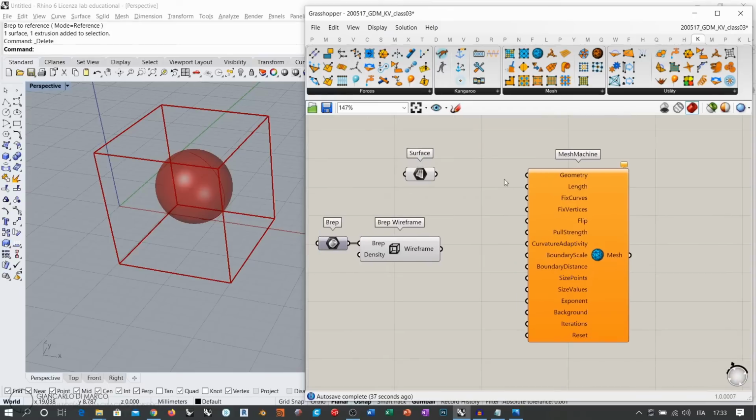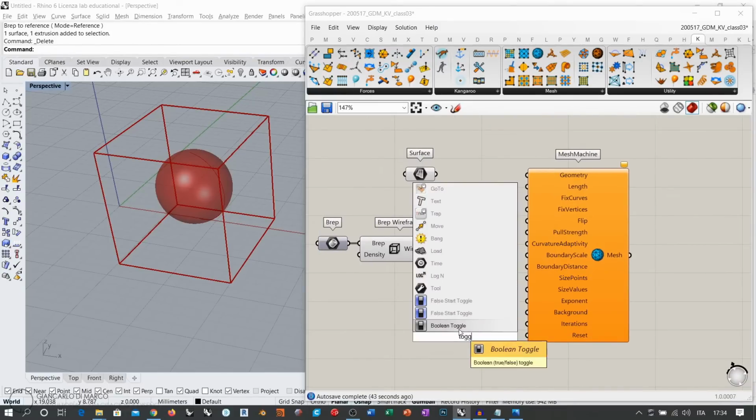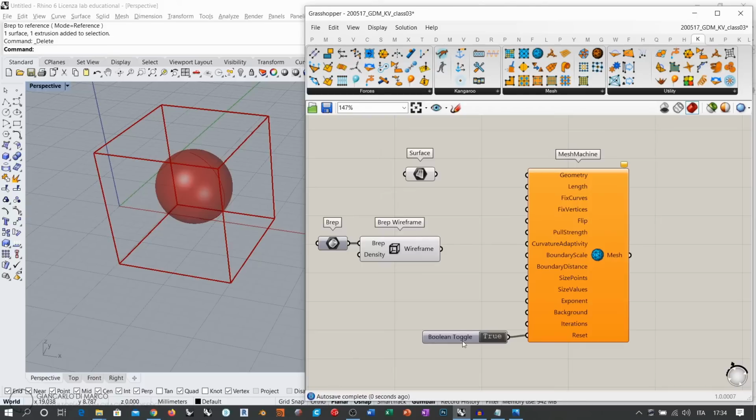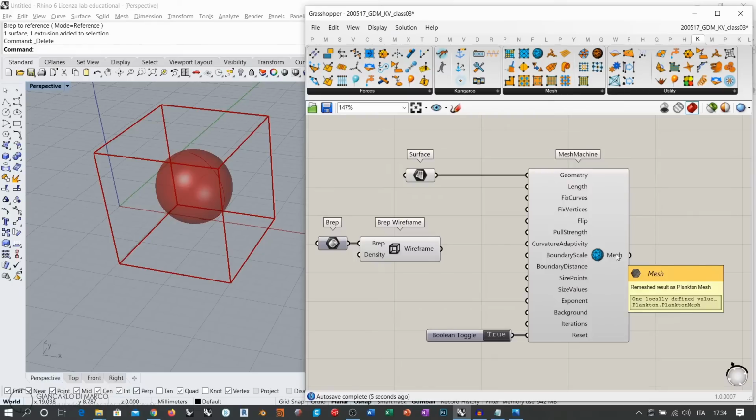Now we can see how this component works. But first of all, I would place a toggle so that we can reset this mesh machine and we don't have it running when we start to connect things here. So I want to convert this geometry into a Plankton mesh, and you see that the output is actually plankton.plankton mesh.